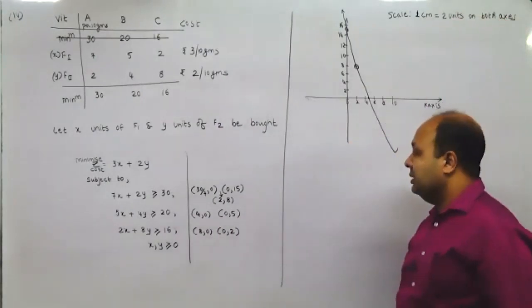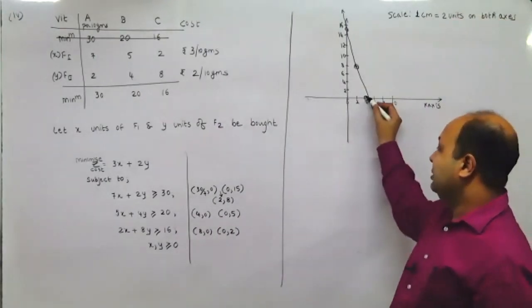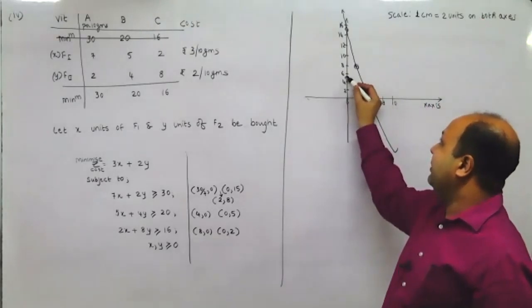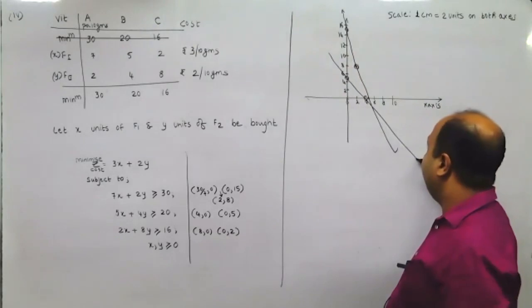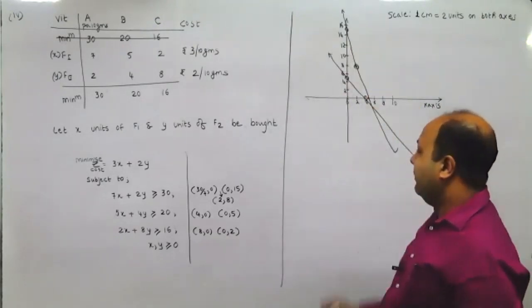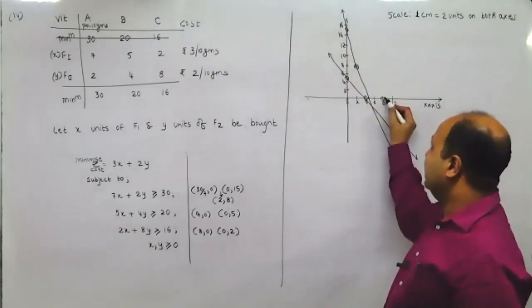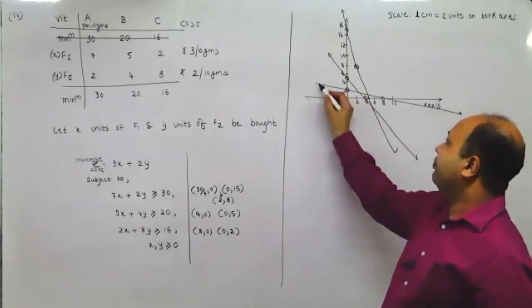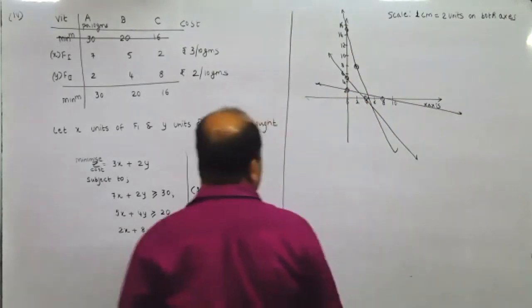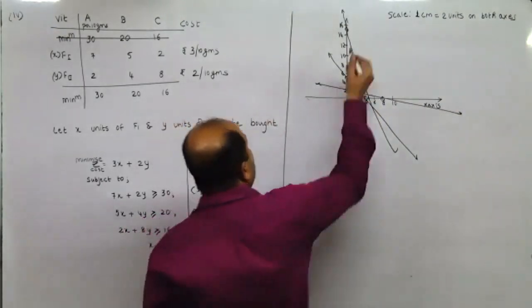Then here 4 comma 0, 0 comma 5, 8 comma 0, 0 comma 2. Now it is all to the extreme right.